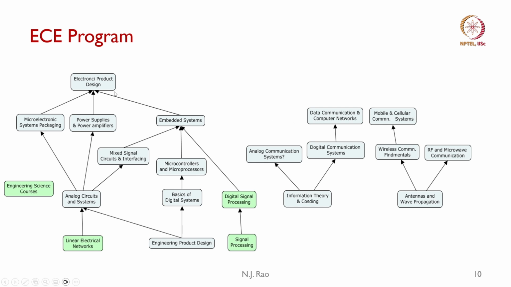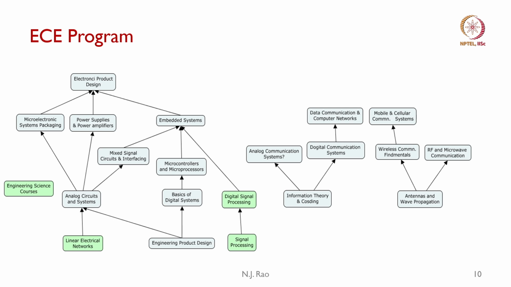These are the core courses of the ECE program. For all other branches, you can do a similar exercise. For example, if you take mechanical, they have 3 streams, whereas here there are only 2. Mechanical will have design, then thermal engineering, and then manufacturing. There are 3 streams, so you have to identify which are the core courses for each one.